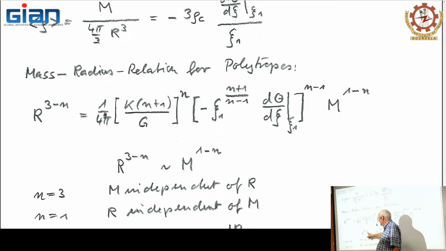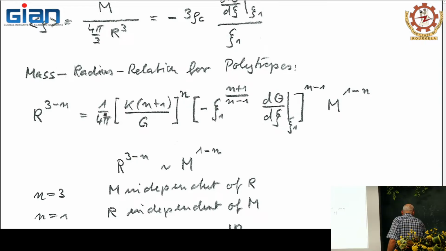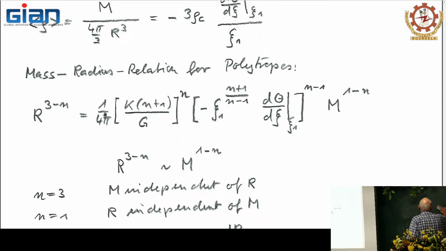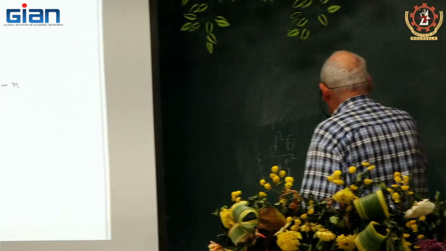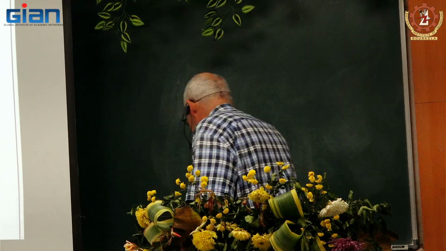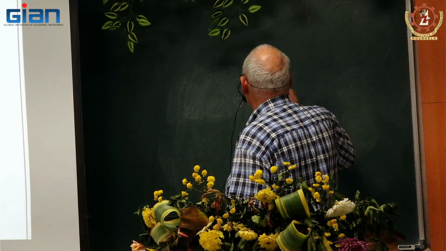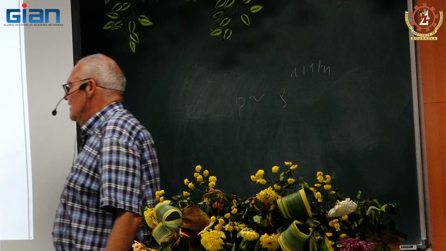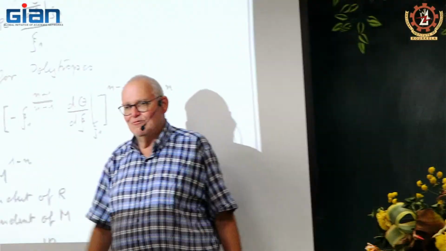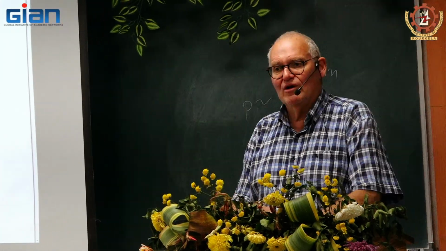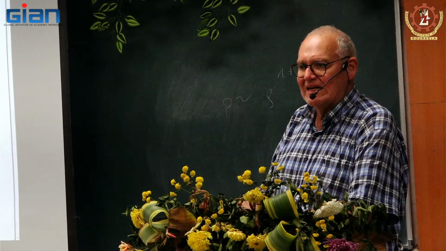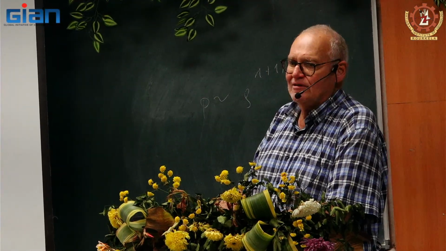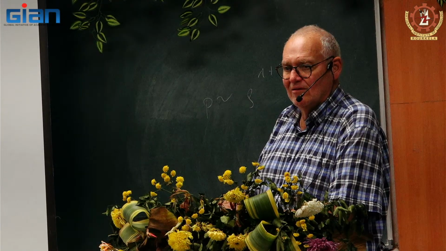If n is equal to 3, then what kind of power law is that? The assumption is P is proportional to rho to the power 1 plus 1 over n, and what we obtain is that the mass is fixed for n equals 3. This would be the case for P proportional to rho to 4/3, and this is the case once we consider relativistically degenerate electrons, for instance.